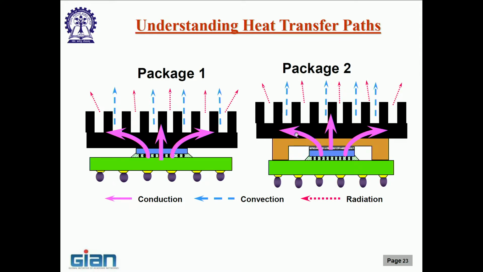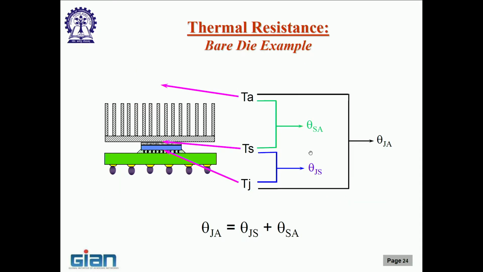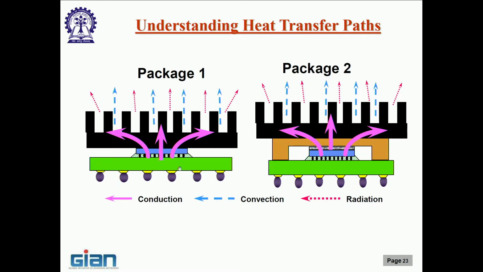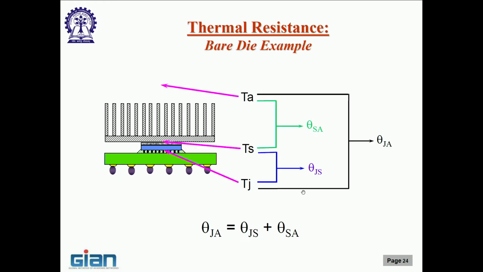Now, if I look again at understanding the heat transfer paths, this is how it is. Here there is further spreading, and then it goes into the heat sink, right. Again, I am neglecting the heat loss through the substrate into the motherboard and so on, which will have a little bit of effect. If I want to draw a thermal resistance network, this is what I am going to take.